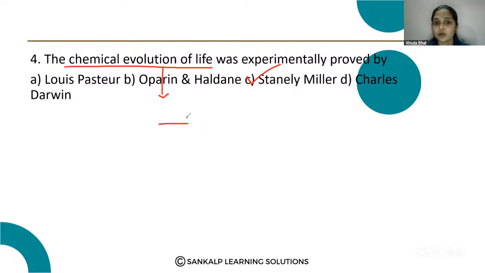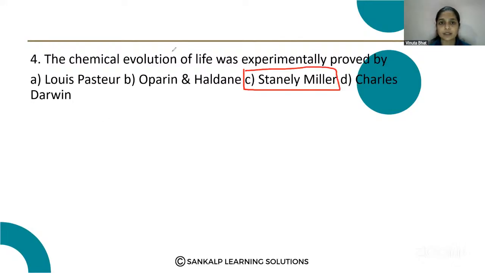Inorganic molecules formed organic molecules like proteins, and from these organic molecules, life originated on the earth. That is the theory of chemical evolution, experimentally proved by Stanley Miller's experiment. So option C, Stanley Miller experiment. Yes, dear students, if you know the answer, please write it down in the chat box.